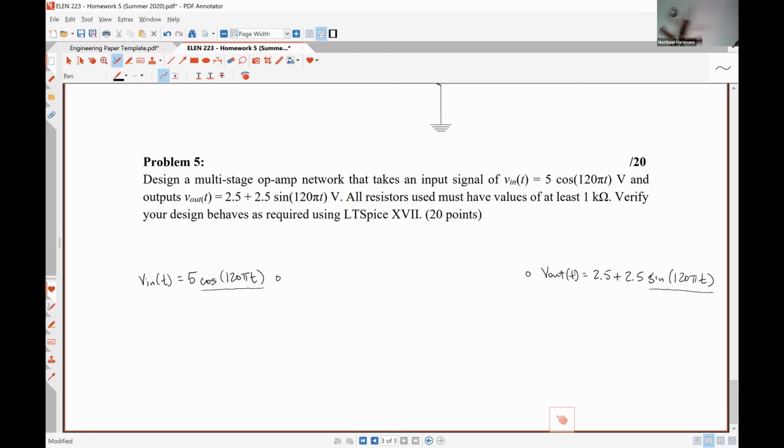So for our first stage amplifier circuit, I'm going to choose to use a differentiator.